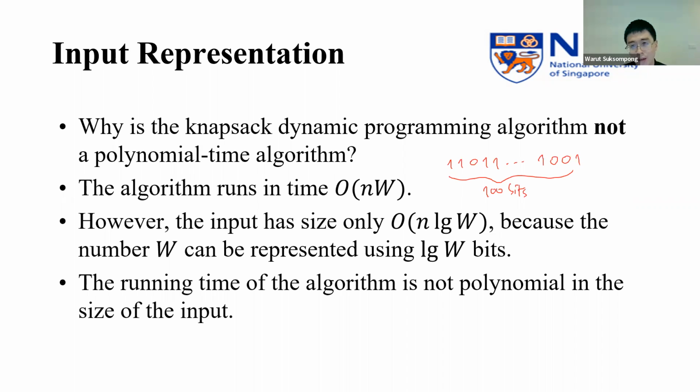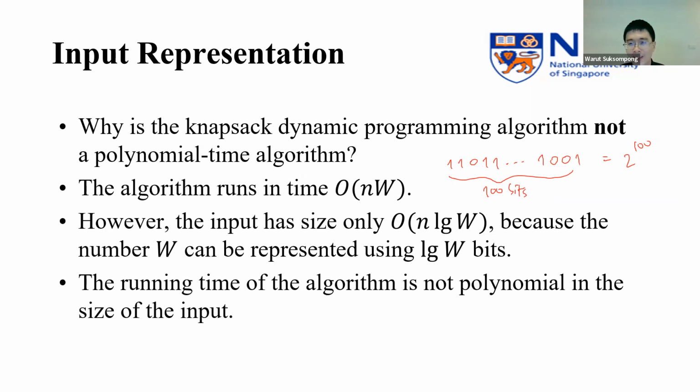But if your algorithm runs in time on the order of the value of this number, which could be up to 2 to the 100, that's a really huge amount of time. You're not going to finish it in many, many years.